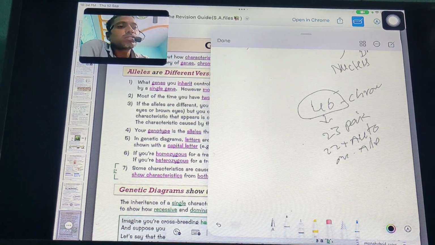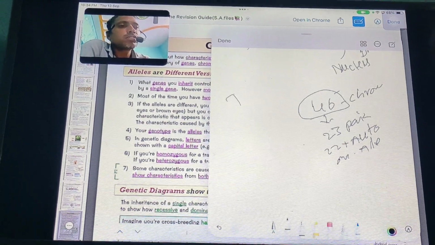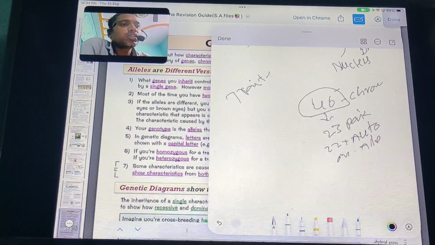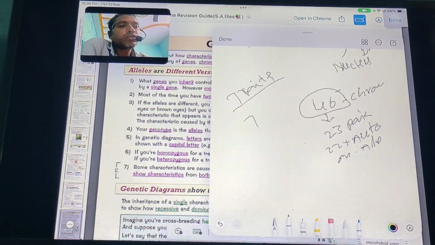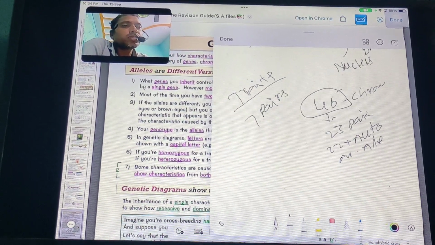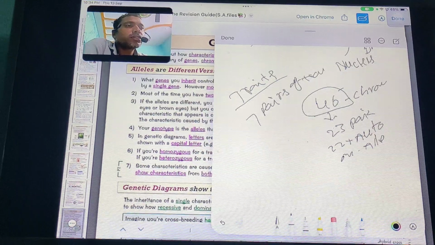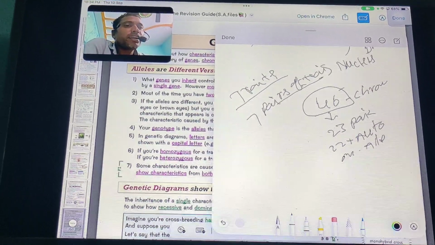The characteristics controlled are what we call traits. For example, Mendel studied seven pairs of traits.